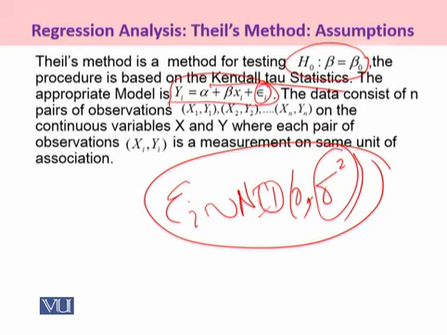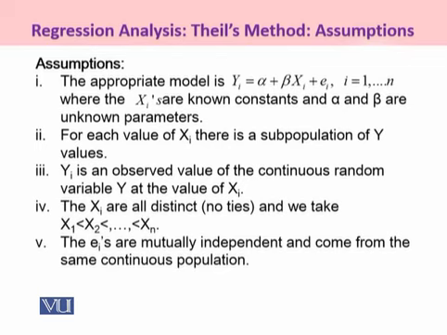Similarly, we assume that the data consists of n pairs of observations. We'll be considering them in pairs on the continuous variables x and y, where each pair of observations is a measurement on the same unit of association. So that is the requirement of the simple linear regression model. Now, as far as assumptions are concerned under the Thiel method, the first assumption is that the appropriate model yi equal to alpha plus beta xi plus epsilon i is to be tested, where the xi's are known constants, they are fixed actually, and alpha and beta are unknown parameters that are to be estimated.